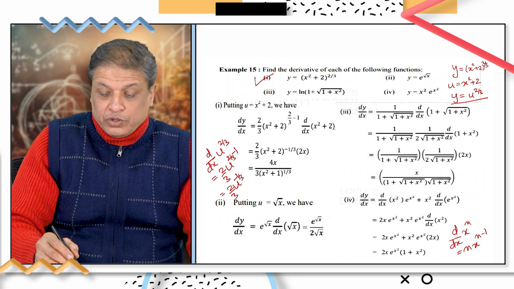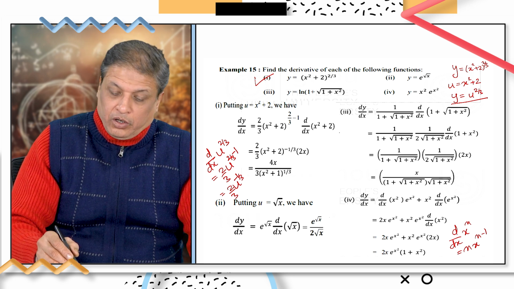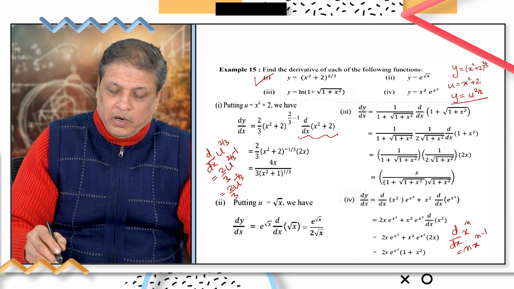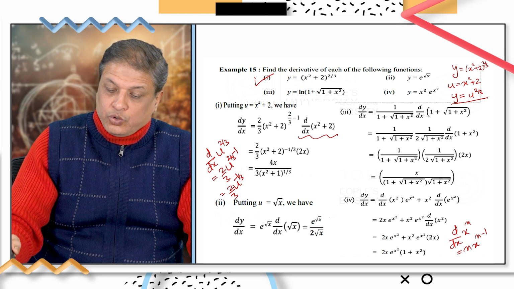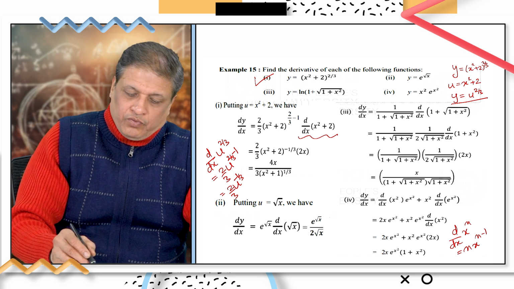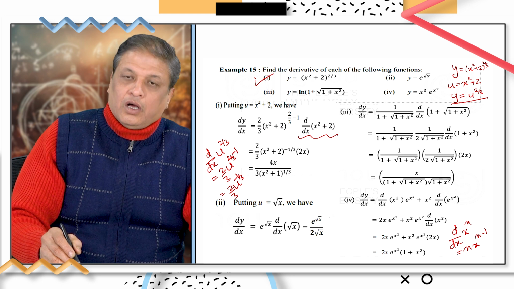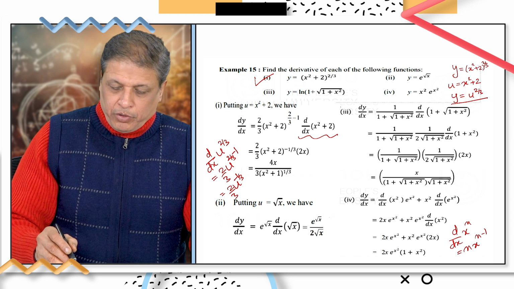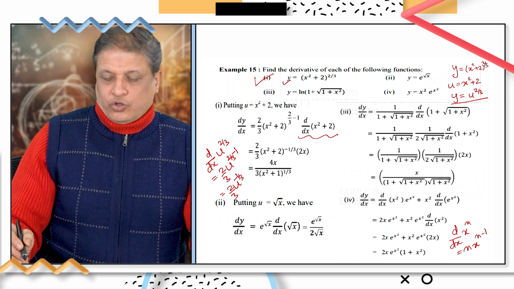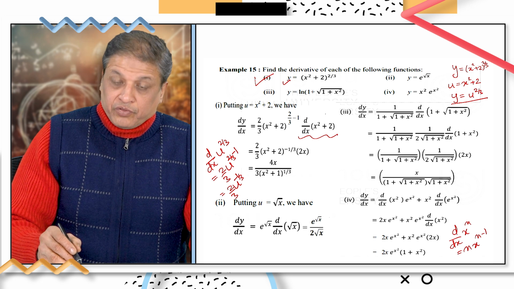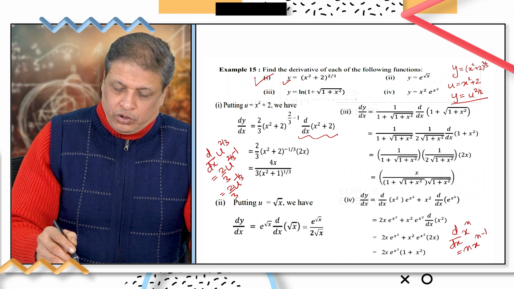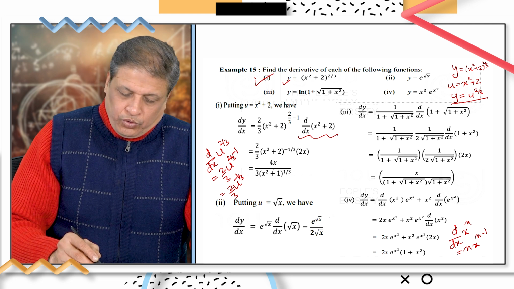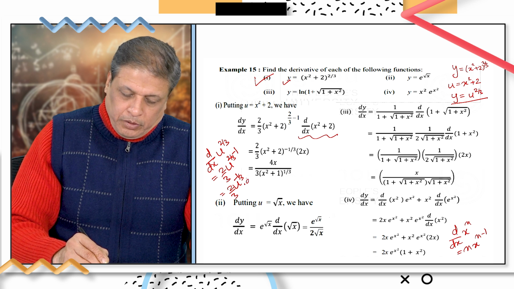And the derivative of u is also required because you are taking the function part as u equal to x square plus 2. So when we are solving such numericals wherein y is (x square plus 2) to the power 2 by 3, the derivative of u is also required to be performed. That means you are supposed to determine du by dx also.